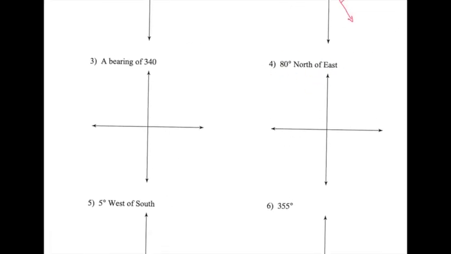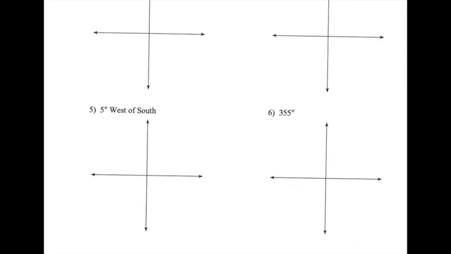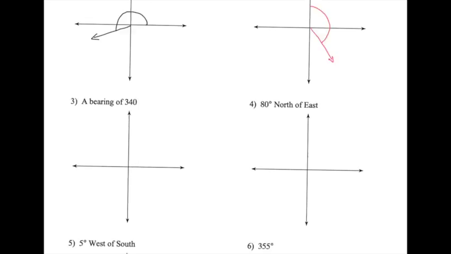Sometimes they don't, because you will not be given what is closest to the x-axis. Again, you're going to sketch it, and then the reference angle is closest to the x-axis. So for number 4, 80 degrees north of east. Remember on this, we're talking north, south, east, and west, right? So if I want north of east, this is going to be the 80 degrees. So in that case, they handed me my reference angle in the instructions.